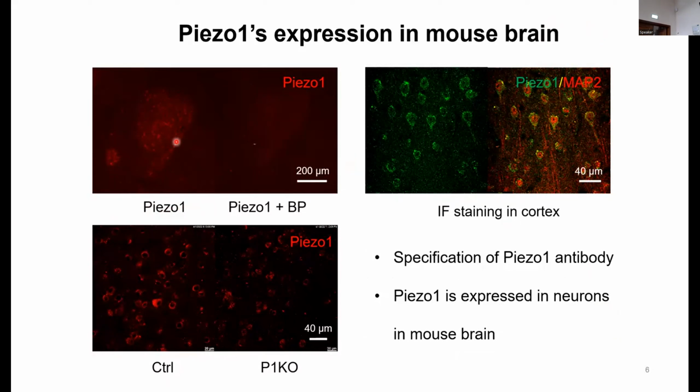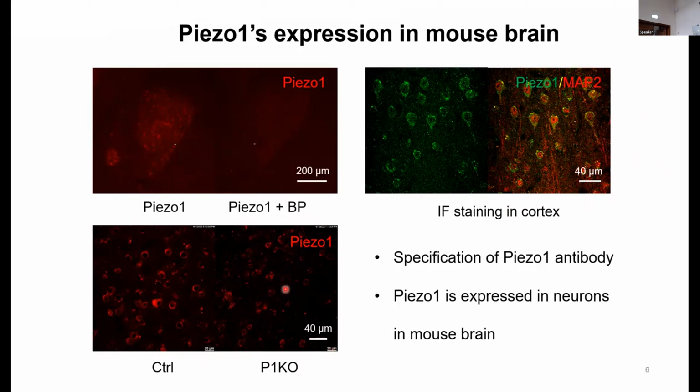We can see here that several neurons are stained with Piezo1, but this signal is abolished with the antibody's pre-incubation with its blocking peptide, which indicates the antibody's specificity, and we thus use it for our experiments. Staining the brain slice, we find that Piezo1 is indeed expressed in the mouse brain, and its co-staining with MAP2 further indicates its expression in neurons.